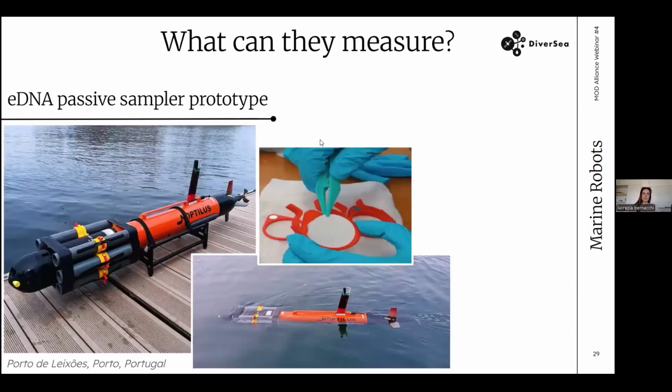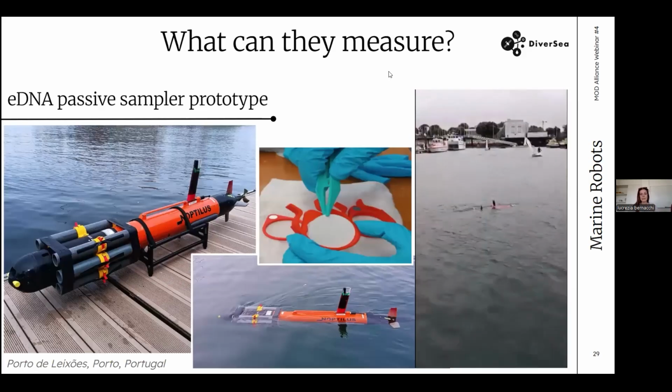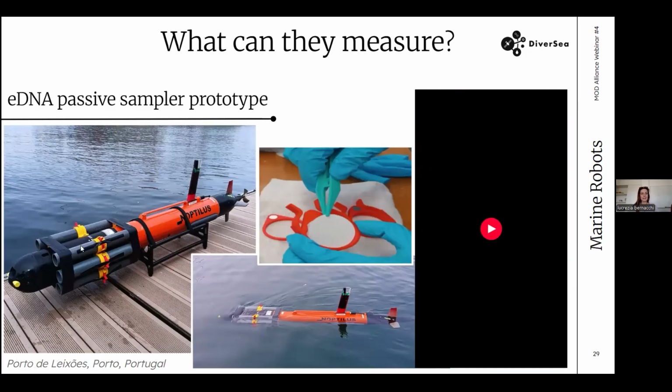We tested this prototype in a real context in an airport in Portugal, and we are still waiting for the analysis of the DNA. We are planning to create a lighter and smaller design for the vehicle, but as I was saying, this is a prototype, and we would like to know if this approach is actually worth it.